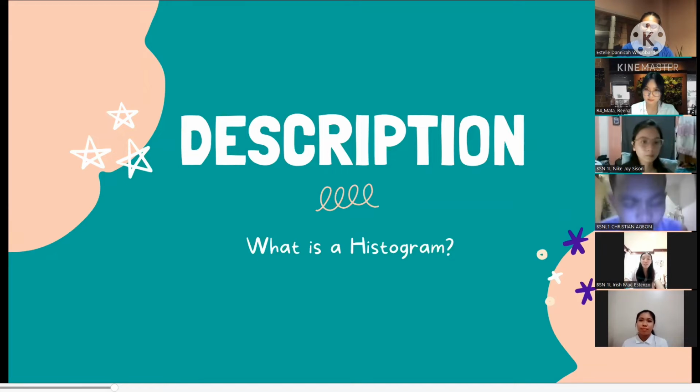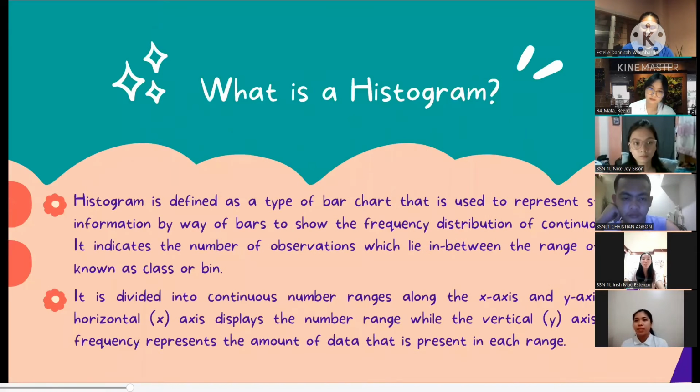Hi, my name is Mae Estenzo, and I'm going to talk about what is histogram. Histogram is defined as a type of bar chart that is used to represent statistical information by way of bars to show the frequency distribution of continuous data. It indicates the number of observations which lie in between the range of values known as the class or bin.